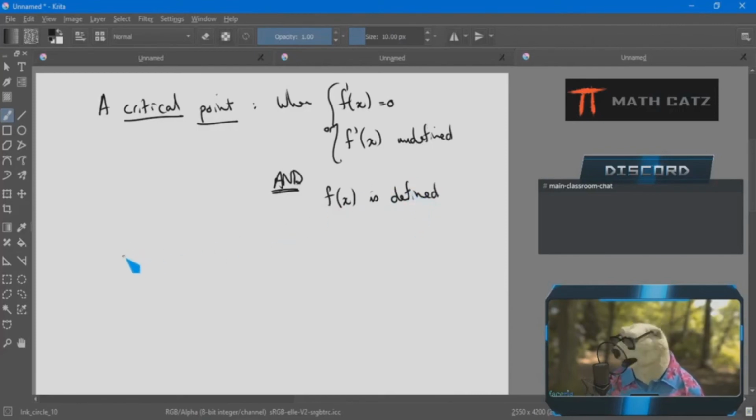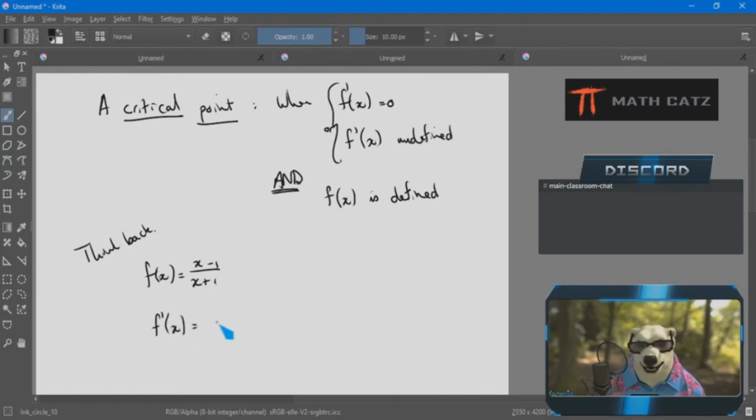Now, if you think back to, let me just go quickly find that example that we did, the rational function one. You can look back on your notes. We did that yesterday. We found the derivative to be 2 over x plus 1, everything squared.